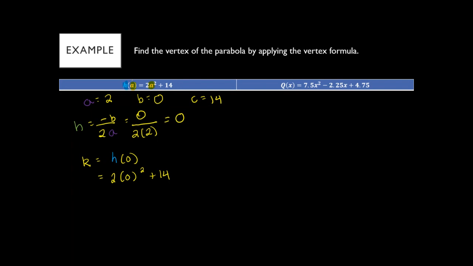What is k going to be equal to? And you can go ahead and type that into the chat. 14, that is correct. Because 0 squared is 0, 2 times 0 is 0. So all we'll have is 14. And so our vertex is going to be 0, 14.